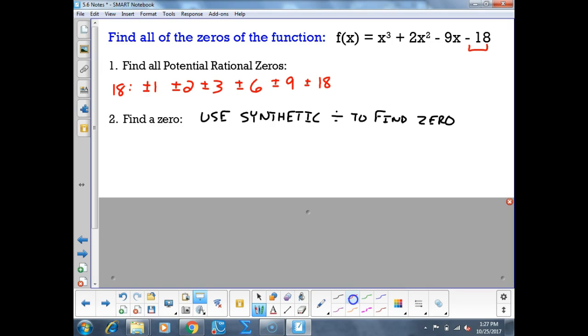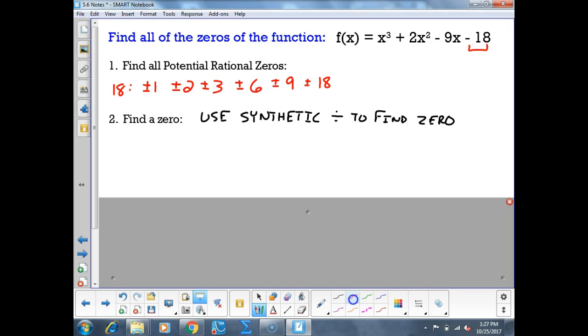The reason that you use synthetic division is because not only do you want to find your 0, but you also want to find what the factor is if you factor out that 0.